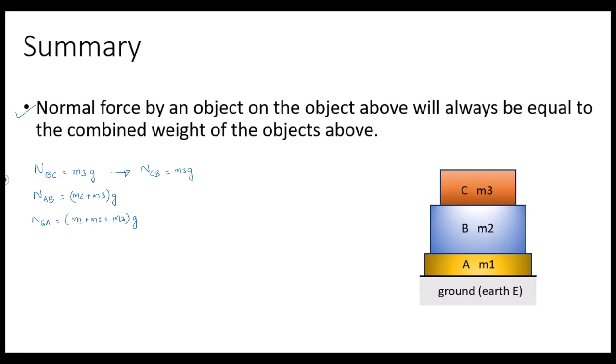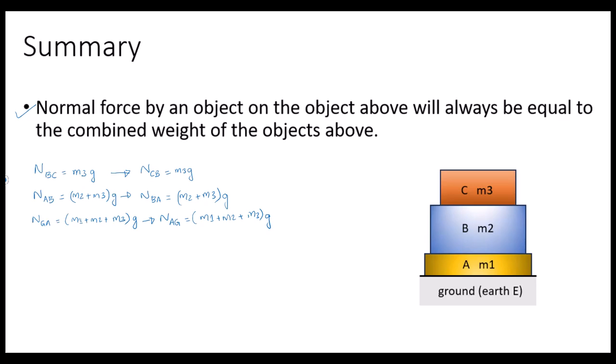So M3G. And corresponding to this, the normal by B on A will be equal to (M2 plus M3) G. And similarly, this will also give normal by A on the ground equal to (M1 plus M2 plus M3) times G.